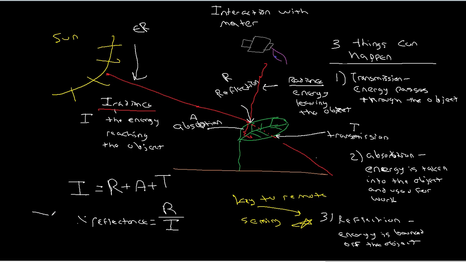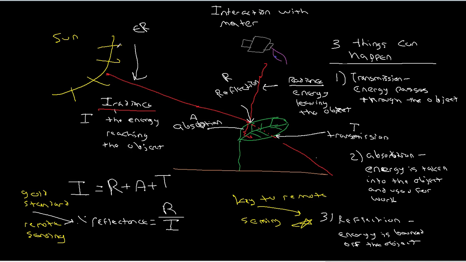And this measure is the gold standard in remote sensing. If it's possible to accurately make this calculation, this is going to be the gold standard. Figuring out what proportion of energy was reflected, that is the best possible remote sensing data you can have.